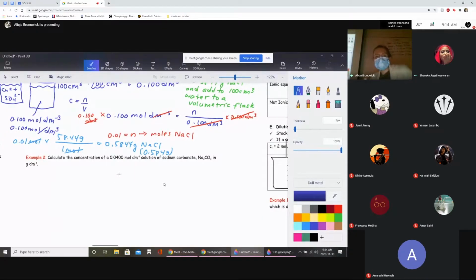Okay, so how do I do this question? Any strategies for this kind of question? Okay, I have 0.0400 mole per liter, and I want grams per liter. So what do I need to do?